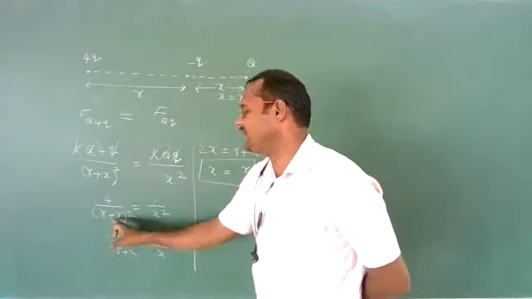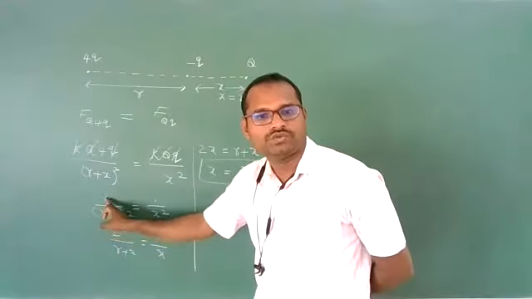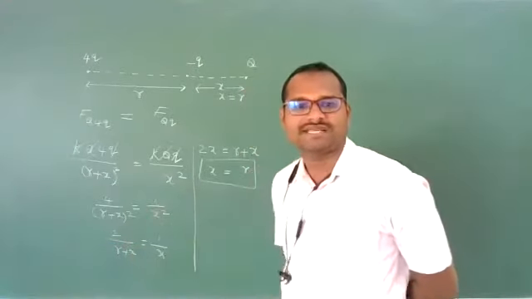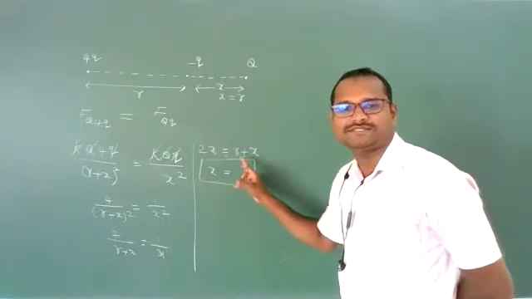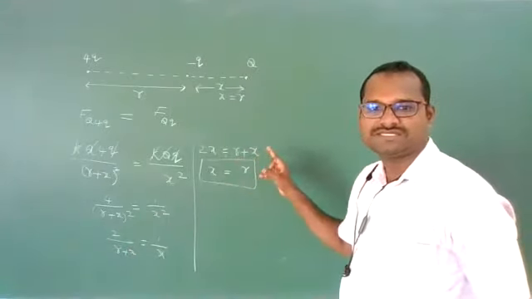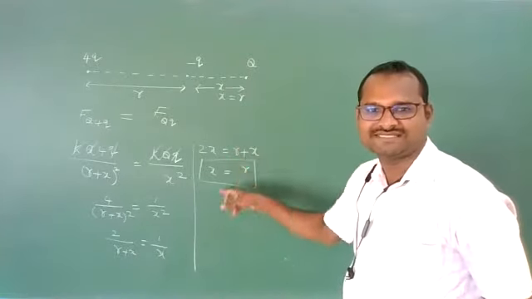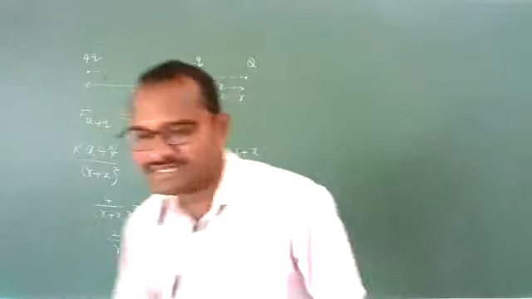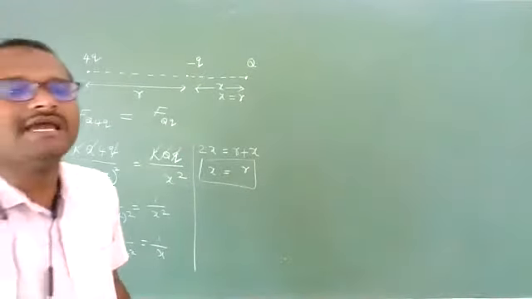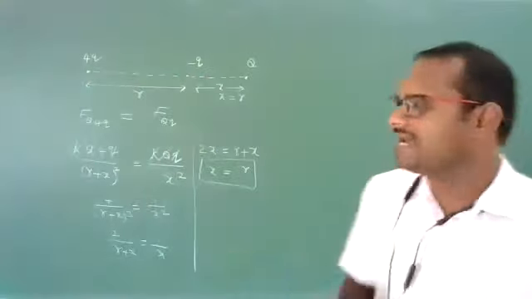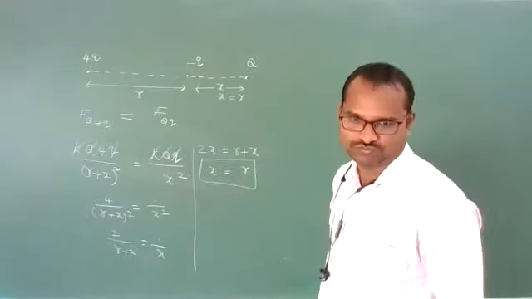Cancel, you get 4 divided by (R plus x) whole square equals 1 by x square. Take the square root on both sides and the squares cancel: 2 divided by R plus x equals 1 by x. Cross multiply: 2x equals R plus x. So 2x minus x is x, and x is equal to R. So capital Q should be placed at a distance of r from the negative charge minus q.